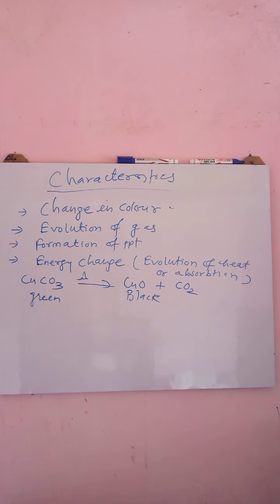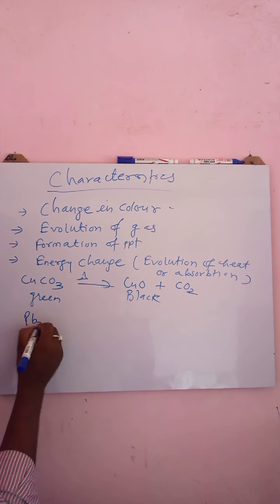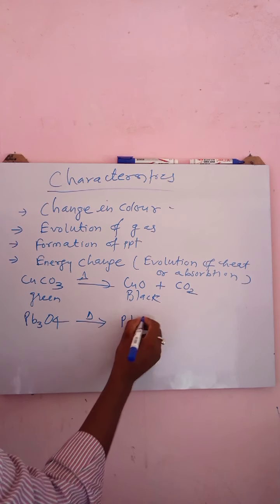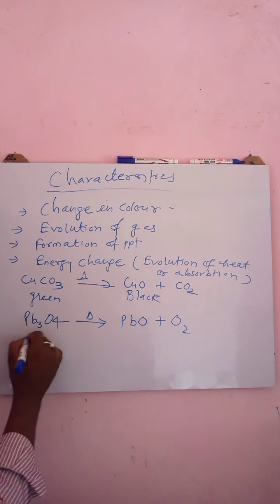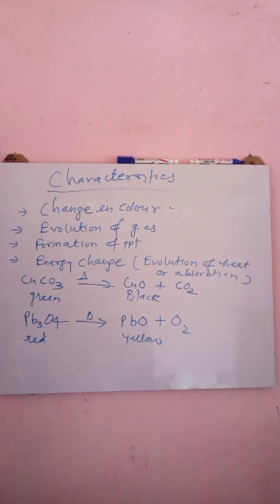So you can see how change in color is taking place. This chemical reaction is characterized by change in color. Many red lead oxide Pb3O4, when heated, forms PbO plus oxygen gas. This is also characterized by change in color. Red color substance forms yellow color substance.